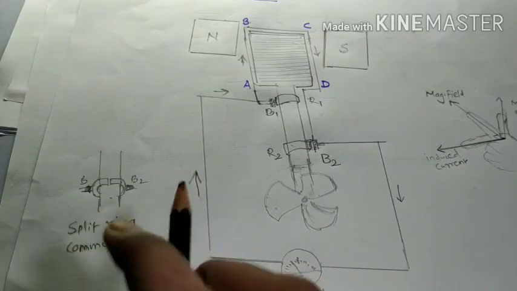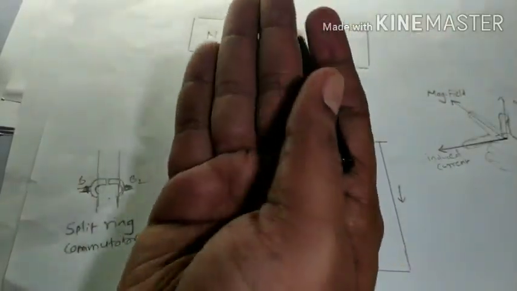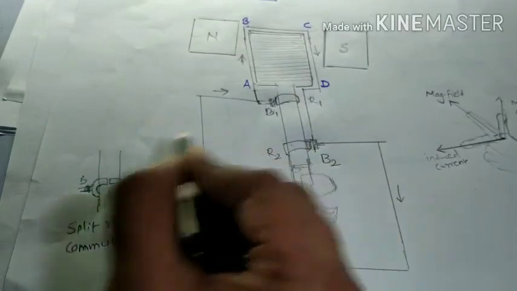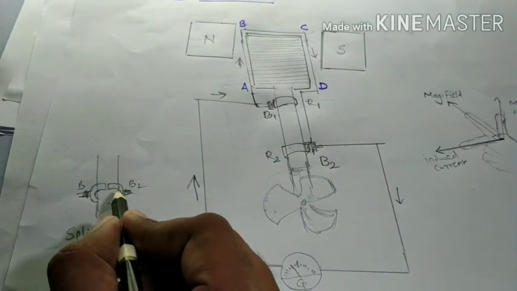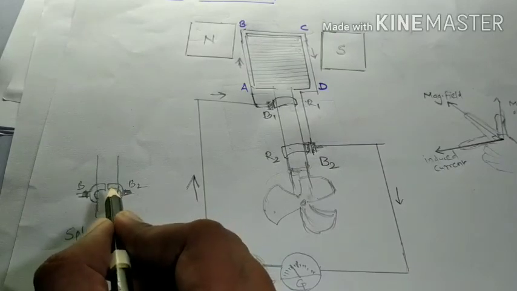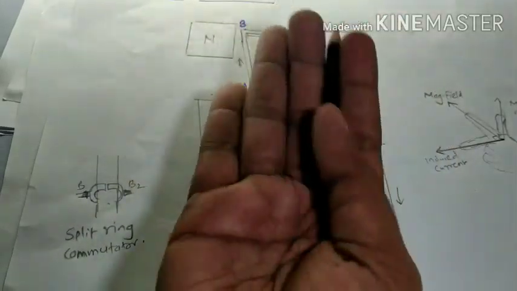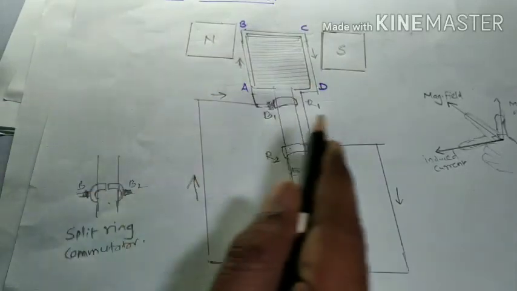Because of this arrangement, the branch of the coil going upward is always in contact with one brush, and the branch going downward is always in contact with the other brush. Hence the current flows in one direction.